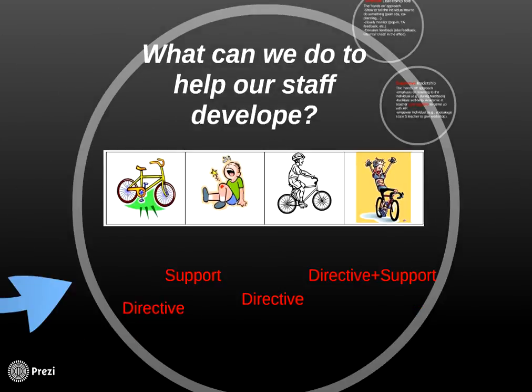Okay, so with those two leadership roles just discussed, what is the most appropriate leadership style or role we should take based on the stage of development for the individual? And I'll just do one as an example.